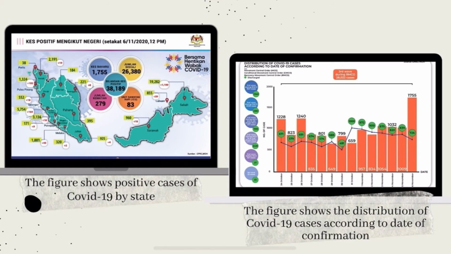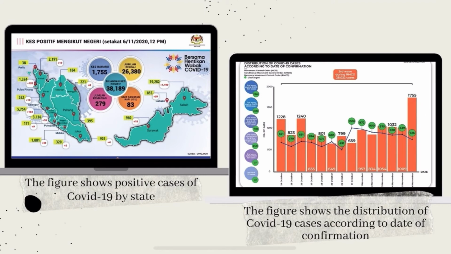Moving to the right picture, it shows the distribution of COVID-19 cases according to date of confirmation. The orange bar graph shows the number of cases, where 6 November is the highest number of daily cases since the third wave of COVID-19, and Sabah for the first time recorded a new 4-digit figure in a single day with 1,199 cases appearing only in Sabah.